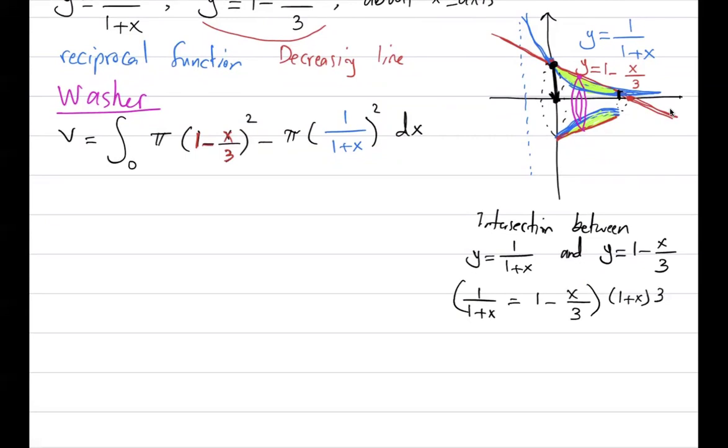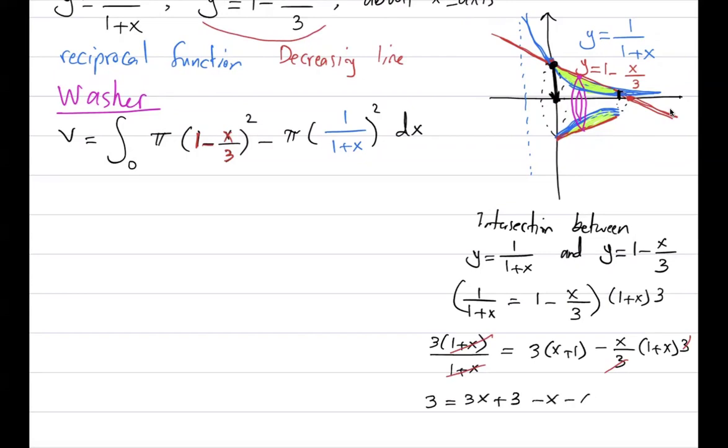So if you multiply the first fraction by 1 plus x times 3, you get 3 times (1 plus x) divided by (1 plus x), equals (1 minus x) times 3 times (1 plus x) divided by 3. As you can see, you can get rid of the common factors, 3 and 3, and you can simplify this. So you have 3 equals 3x plus 3 minus x minus x squared.